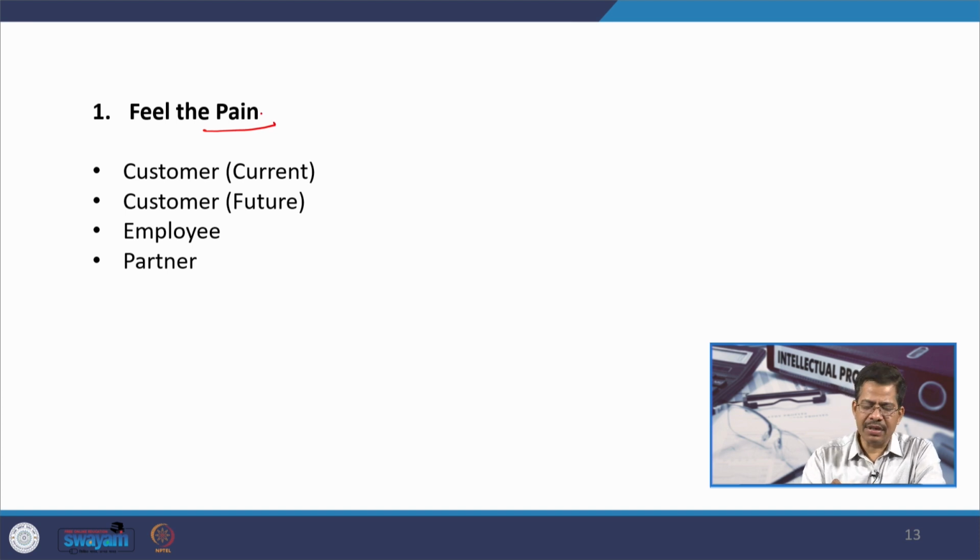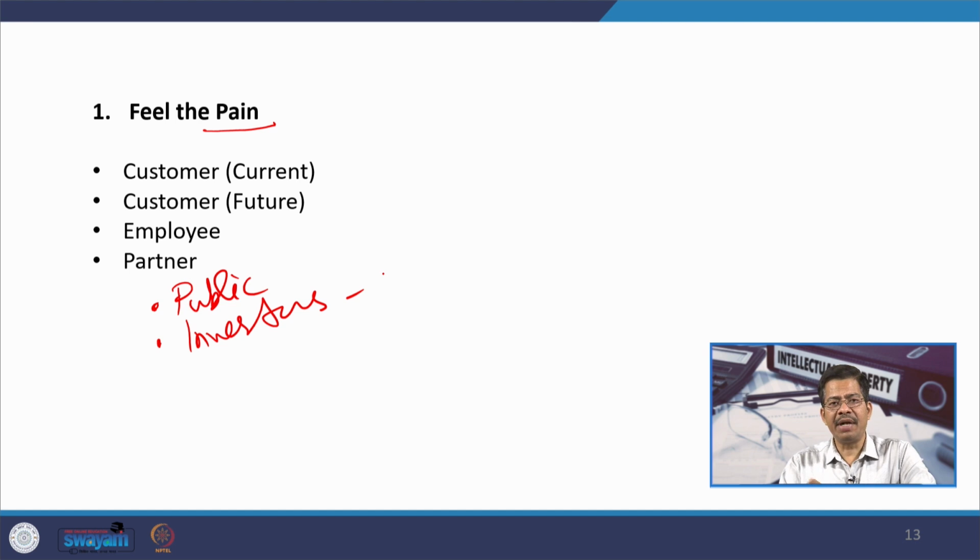And in this case, your customers, your employees, your partners, even public, even investors, they all can have different types of challenges, different types of problems. So, understanding their problems is basically feeling the pain. So, whether you are able to feel the pain of all of them, what type of problems they are having.